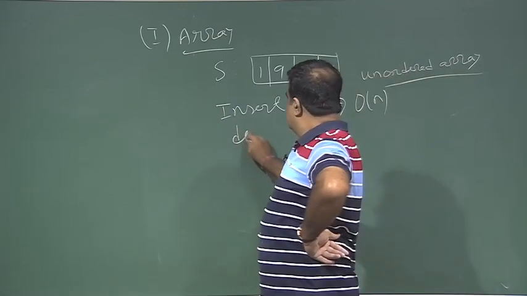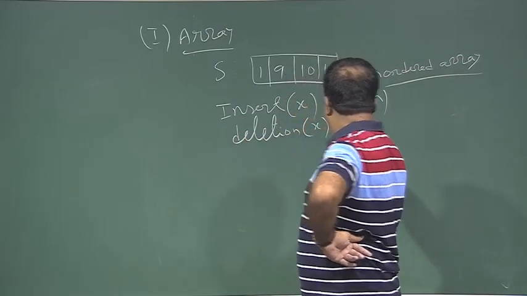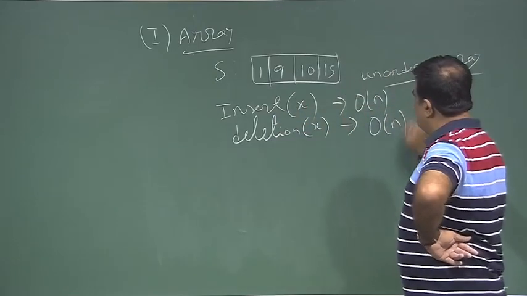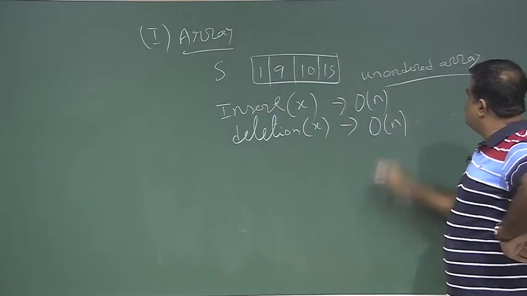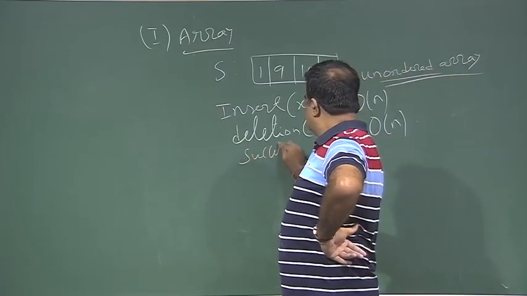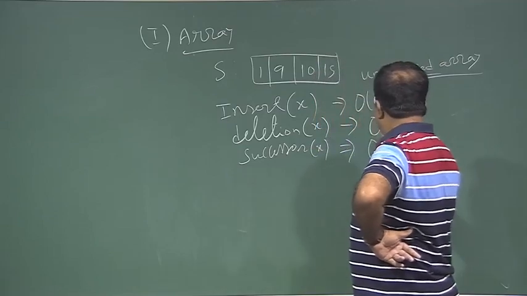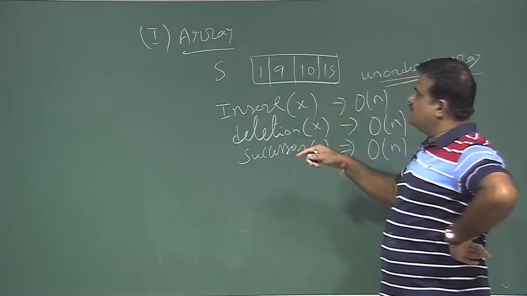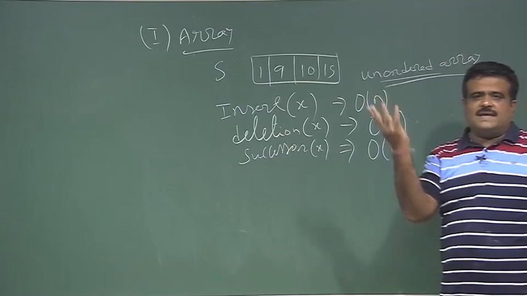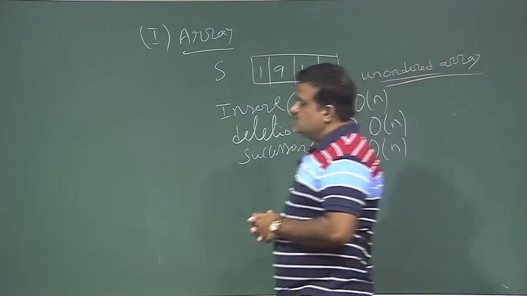Similarly, deletion will take order of n time. And if it is an unordered array, then the successor query, successor of x, will also take order of n time, because we just need to scan the array. We do not know whether an element is greater than x or not.